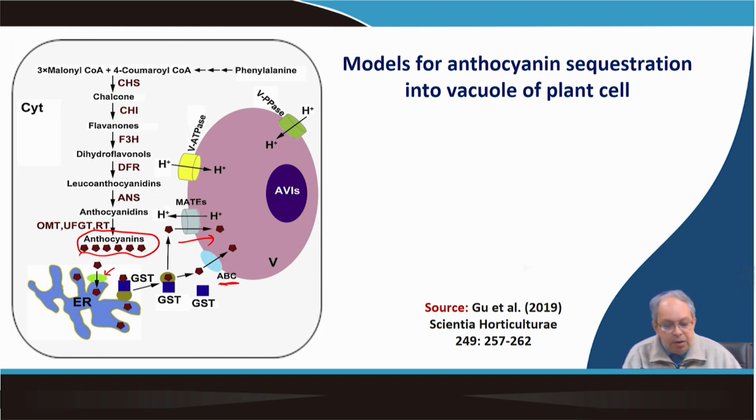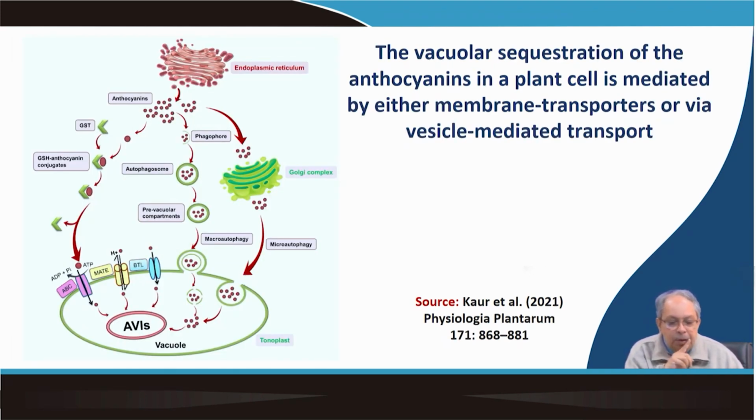So, this is one, and this is another way of showing that the first one is through involvement of GST, and then GST helps to transport the anthocyanin into the vacuole by the use of either an ABC transporter or a MATE transporter, or anthocyanins are enclosed in some vesicular structure called autophagosome, which finally fuses with the vacuole or membrane, and then it enters, and finally the autophagosome gets dispersed and anthocyanins are stored.